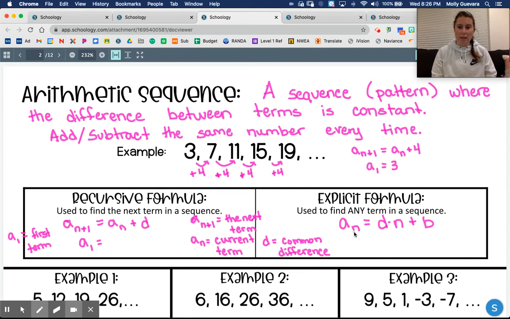We already know that a sub n is the current term. We know that d is the common difference. B here is the 0th term. So that's kind of like this imaginary term out here. And then n is the term number.